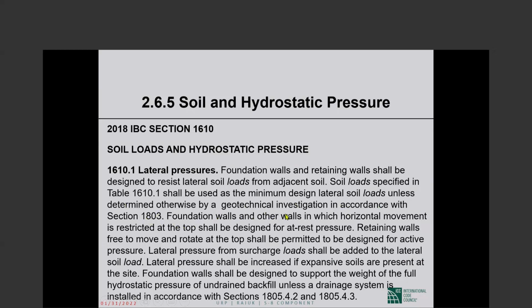Foundation walls and other walls in which, so please follow this closely, foundation walls and other walls in which horizontal movement is restrained at the top shall be designed for at-rest pressure, as it is called.